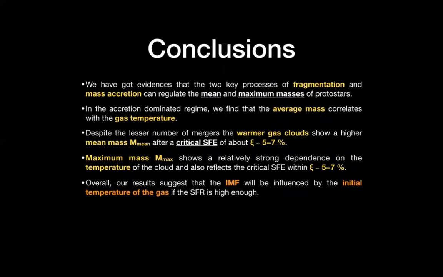So my conclusions are: we have evidence that the fragmentation and mass accretion regimes are present, and the mean masses and the maximum masses are responding to these transitions. The average masses are regulated more by the gas temperatures prevailing in these collapsing gas clouds. A very important point is that the star formation efficiency of around 5 to 7% is very critical.